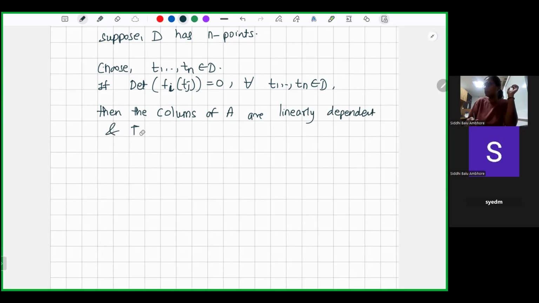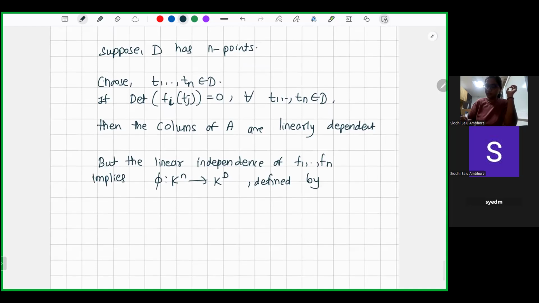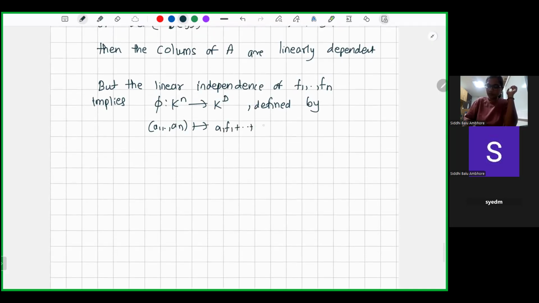But the linear independence of F1 to Fn implies that this map P from Kn to Kd, defined by a1 to an going to a1 F1 plus up to an Fn, is injective.